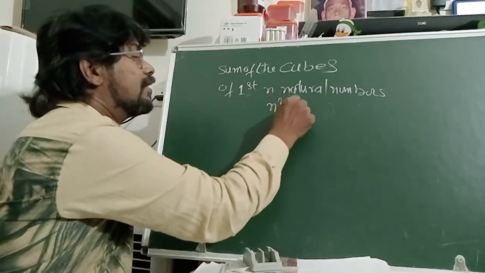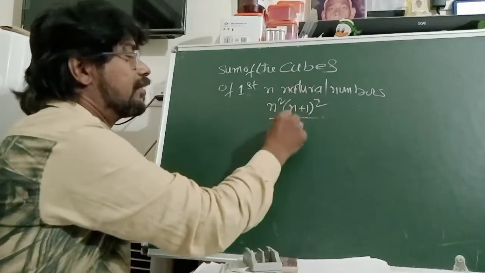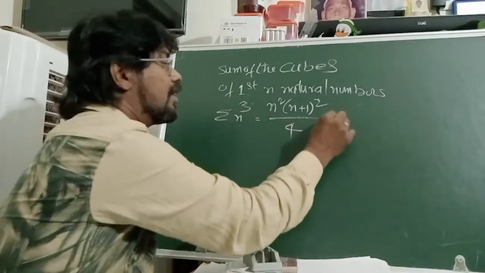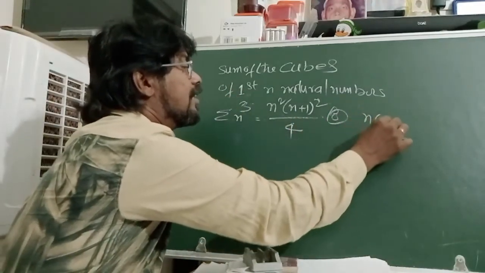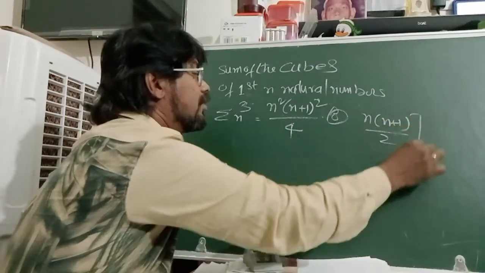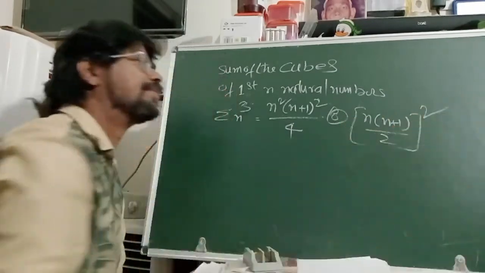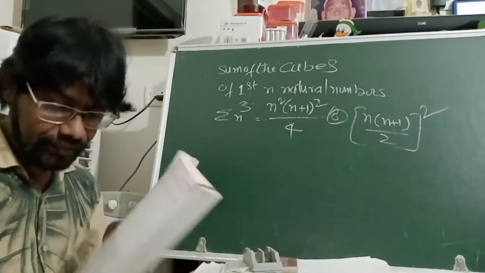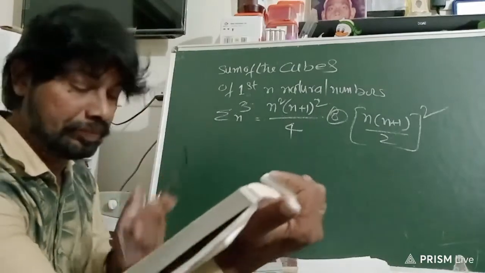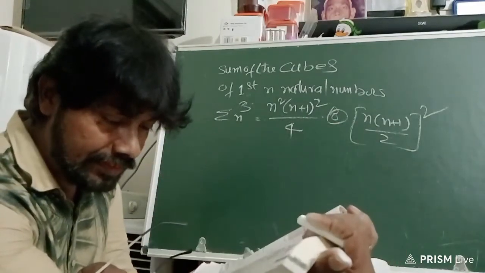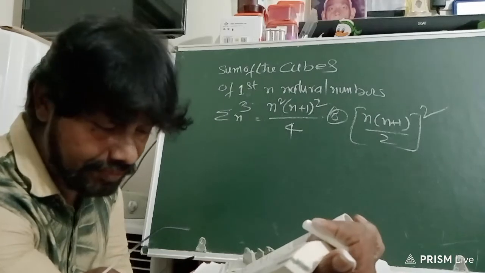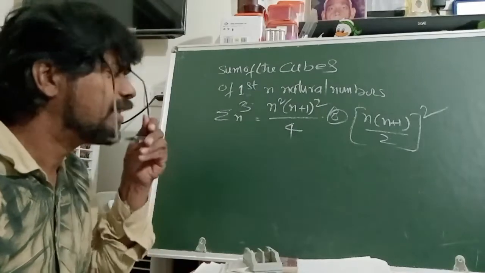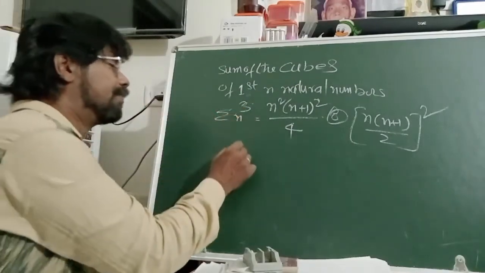Sigma n cube is n square into n plus 1 whole square by 4, or you can say n into n plus 1 by 2 whole square. Do 1 or 2 problems on this one.